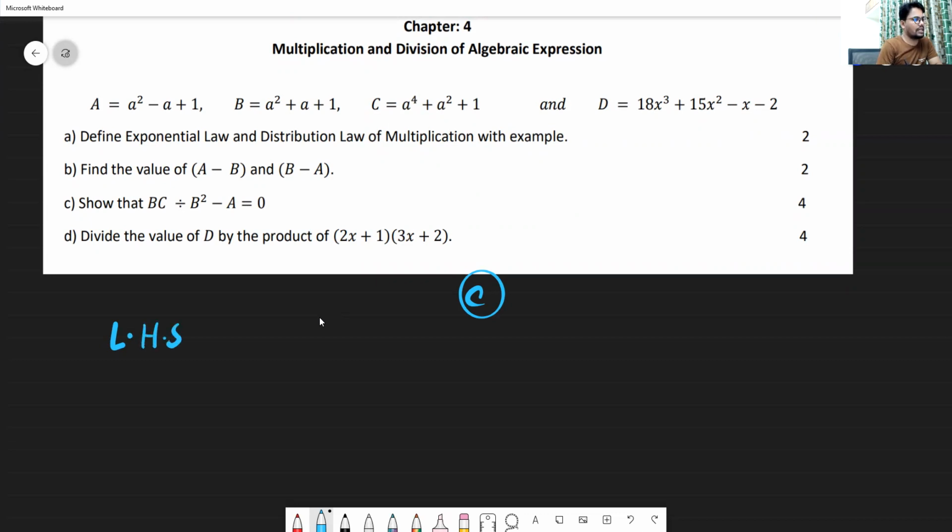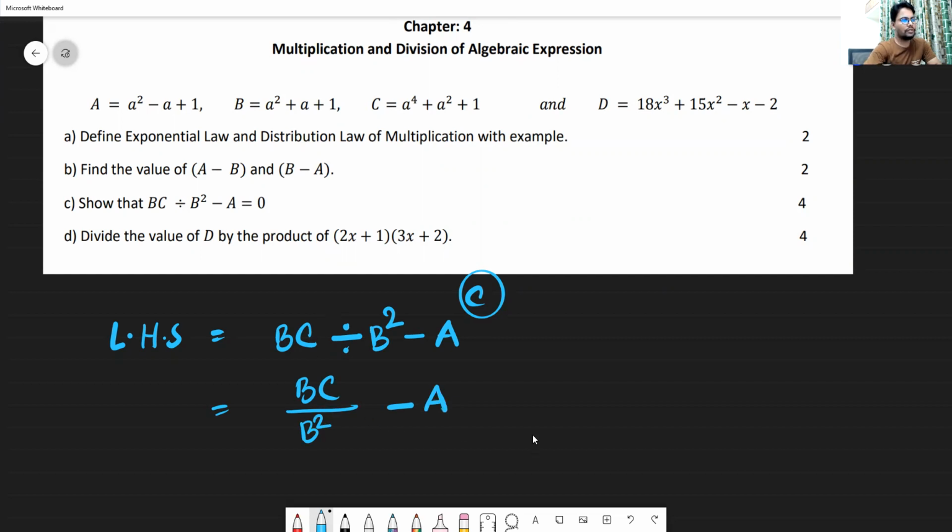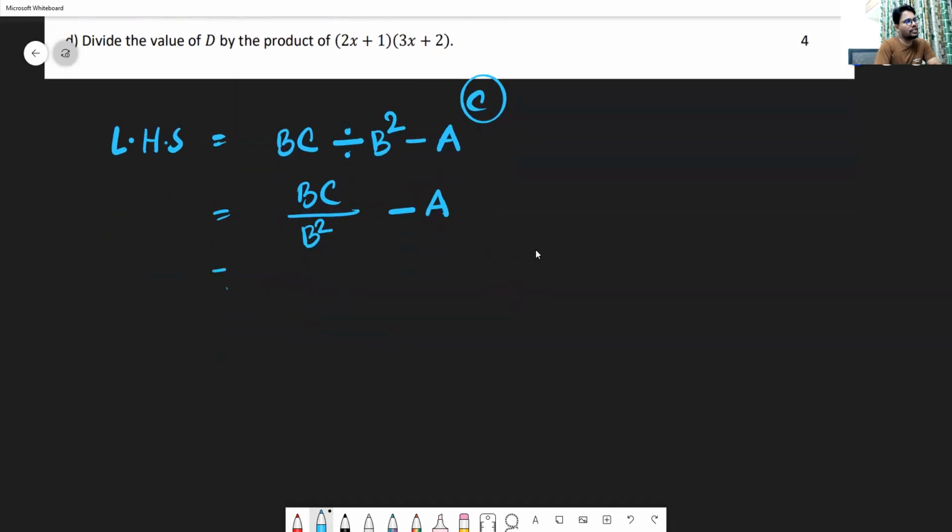Left hand side. This is BC divided by B square minus A. So what we see here, there is the operation sign divide, there is the operation sign minus. So first we have to do the simplification in divide. BC divided by B square, and there is minus A. Now B square means B multiply B. We all know B multiply B means B square.